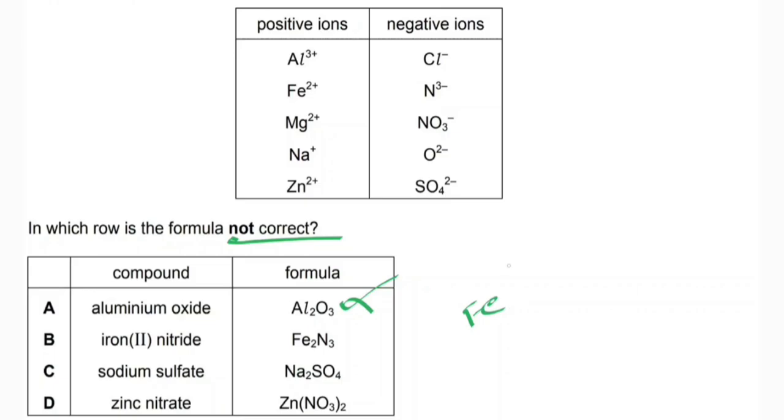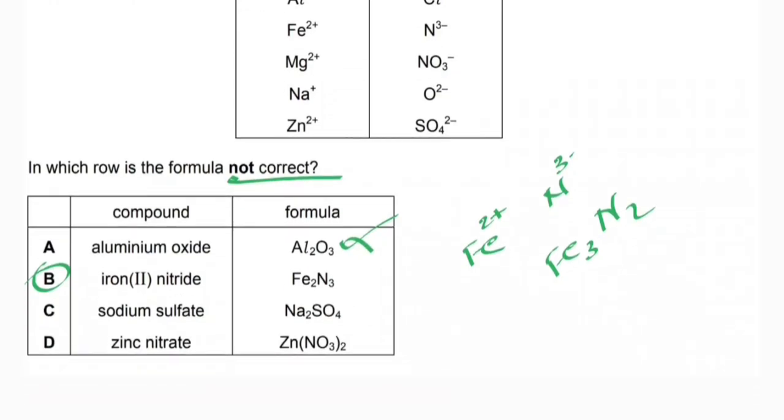If Fe is 2+ and nitrogen is 3-, the compound that they make should be Fe3N2. This is the other way around, so that's the answer. This is incorrect. Sodium sulfate is Na2SO4, that's correct. Zinc nitrate is Zn(NO3)2, which is again correct.